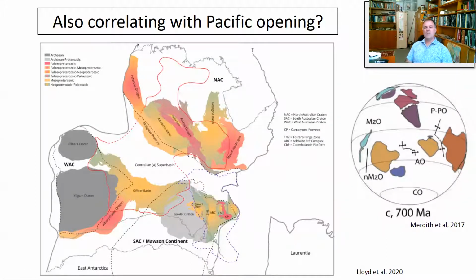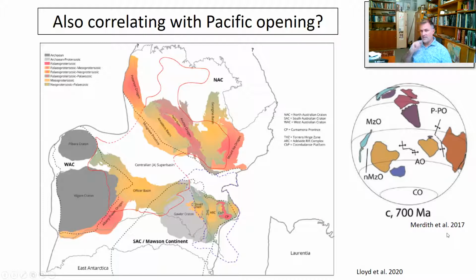What's happening at that time elsewhere? We have what appears to be a plate reconfiguration around some 750 to 720 million years, represented in the Arabian-Nubian Shield. But of course, this is the same time that we have the opening of the Pacific Ocean and the formation of the Adelaide superbasin and the Centralian superbasin in Australia, and the reconstructed Australia through here, and the beginning of the formation of the Pacific Ocean basin, sometime around here.